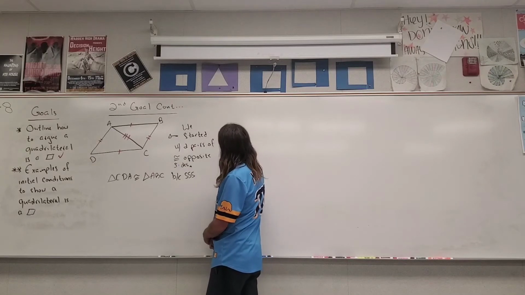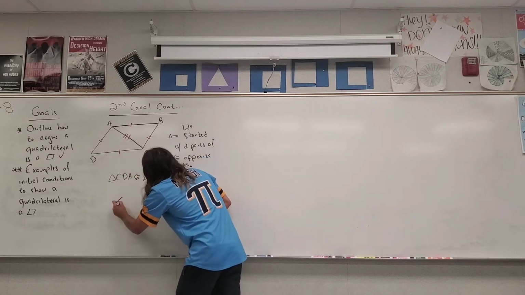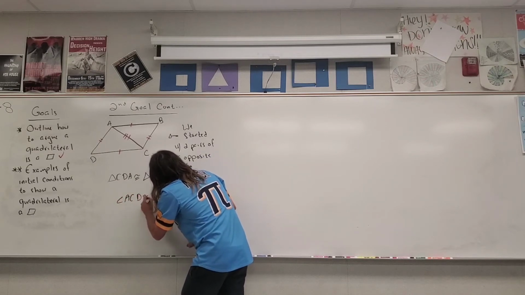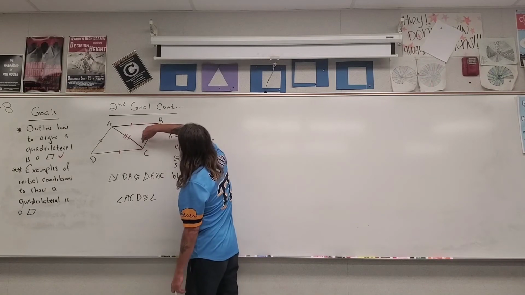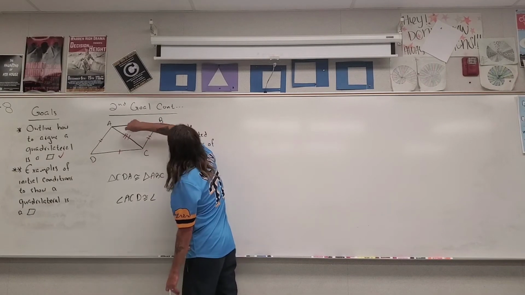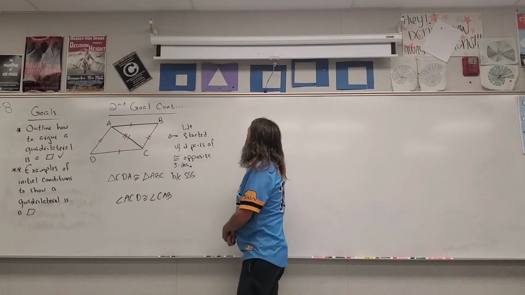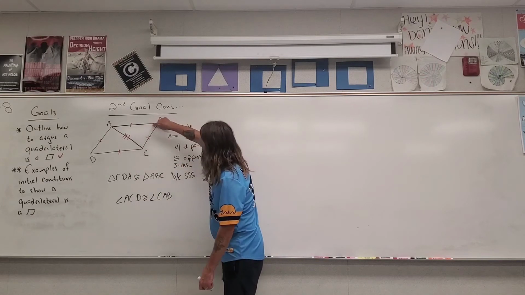I know that angle C, I can't say angle C, so I know that angle ACD is congruent to angle, let's see, so it went 3 to 1, so that would be angle CAB. All right, and I also know that angle D is congruent to angle B, right?